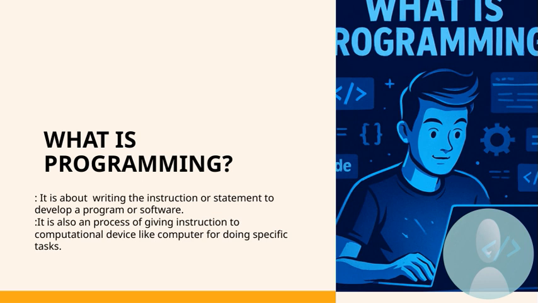These instructions need to be clear and precise, so the computer understands exactly what actions to take. So, whether you're creating a game, a website, or an app, you're really just communicating with the machine to get it to do what you want. This idea of giving instructions is fundamental to understanding how we develop technology that works seamlessly for us.